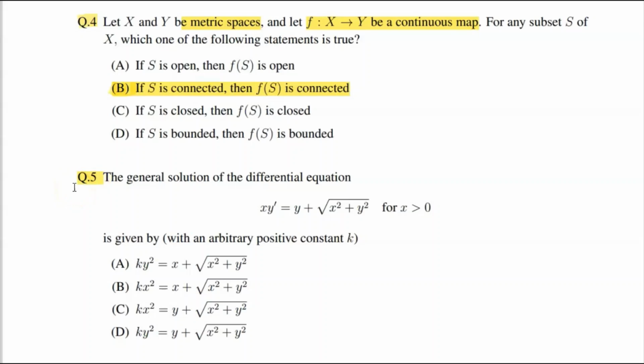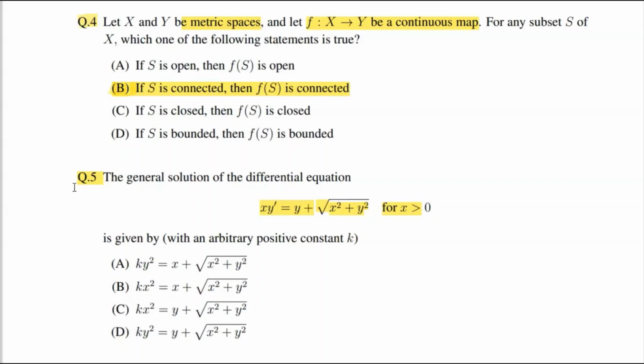Next question, question number 5. The general solution of the differential equation x y dash equal to y plus root of x square plus y square for x greater than 0 is given by option A, k y square equal to x plus root of x square plus y square.